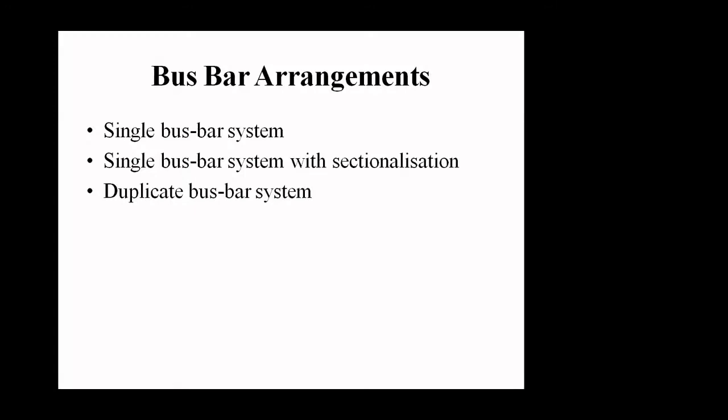Now let us see what are the different types of bus bar arrangements. So basically we have three types of bus bar arrangements. The first is single bus bar system.